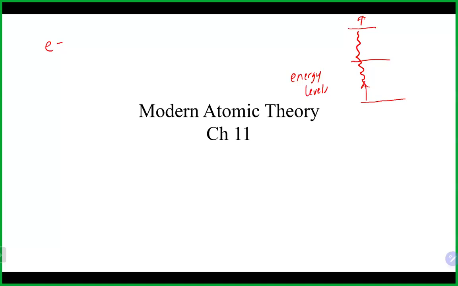Ultimately, in chemistry and pretty much in life as well, things like to be in the lowest state of energy, the most stable situation. So when electrons get excited up to higher energy levels, they are not so happy up there. They want to eventually work their way back down to a lower energy level.